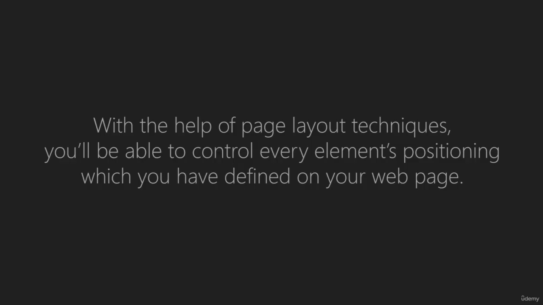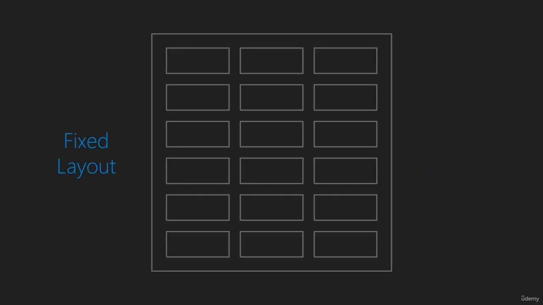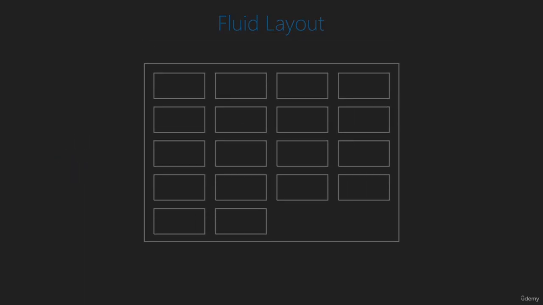And by positioning, I mean elements spacing, margin, arranging the elements in rows and columns, that is creating a grid layout, or creating a fixed or responsive web page, or designing a fluid layout and much more.